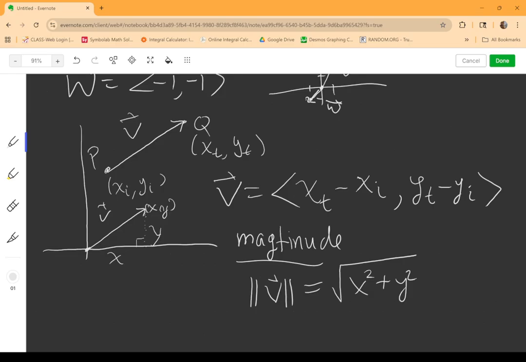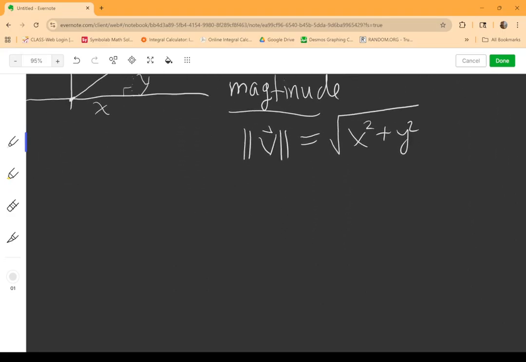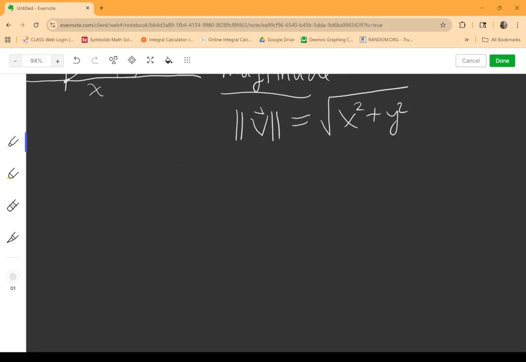And now we can go back to our previous operations of scalar multiplication and addition. I can just define them in terms of their components.